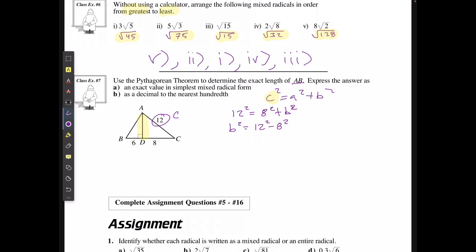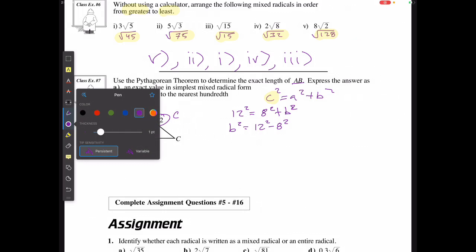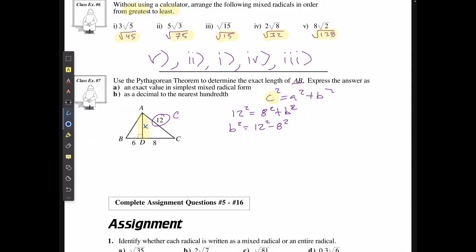Well, sometimes because I have two triangles here, I'm going to wind up getting confused with the variables. So let's call this length x, just to make it easier.